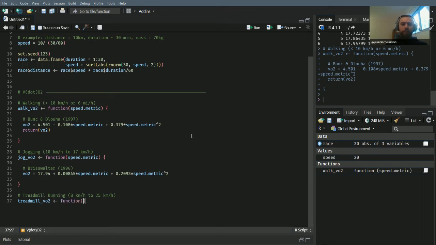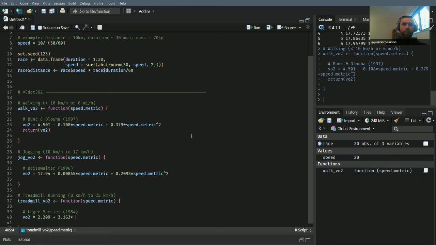Again, all we need is the speed in metric. Open up the curly brackets, and this is published by Leger and Mercier in 1984. So we'll have our VO2, and that's equal to 2.209 plus 3.163.